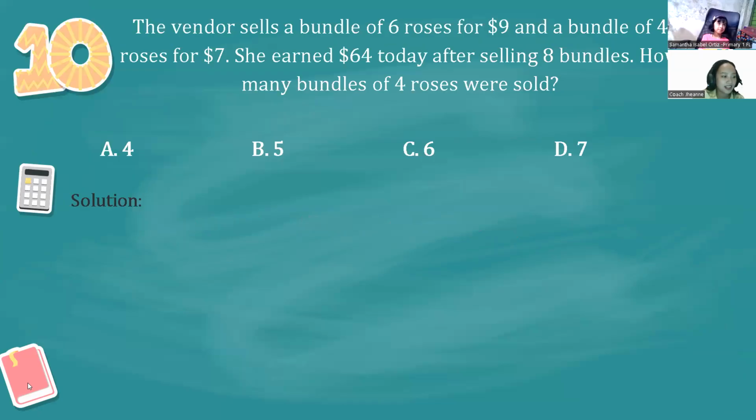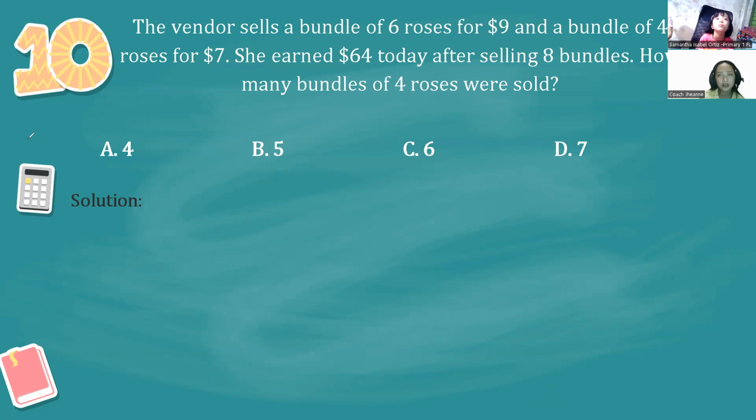Number 10. So this is the last number for multiple choice. The vendor sells a bundle of 6 roses for $9 and a bundle of 4 roses for $7. She earned $64 today after selling 8 bundles. How many bundles of 4 roses were sold?